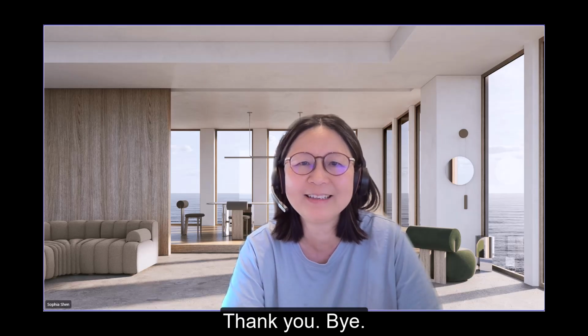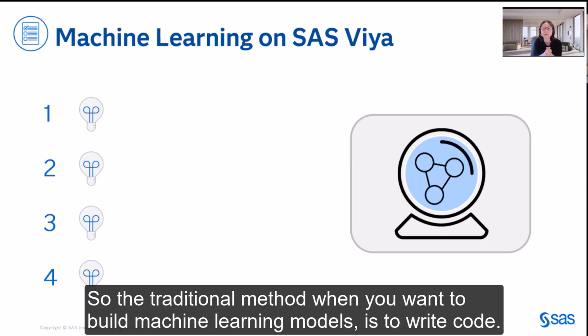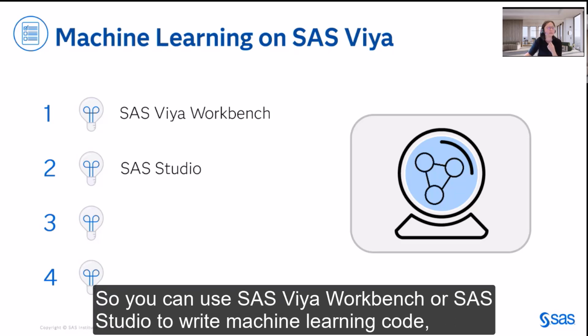Machine learning in SAS Viya, there are a few applications you can use to build machine learning models. So the traditional method when you want to build machine learning models is to write code. You can use SAS Viya Workbench or SAS Studio to write machine learning code.